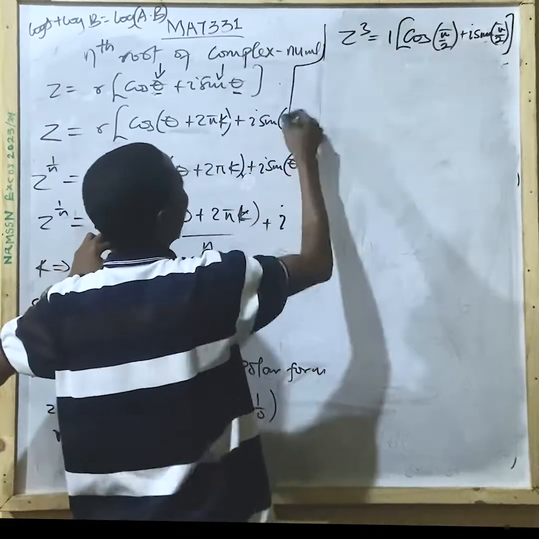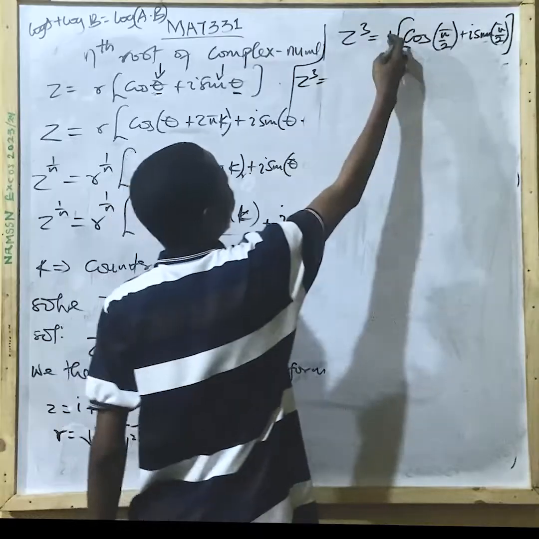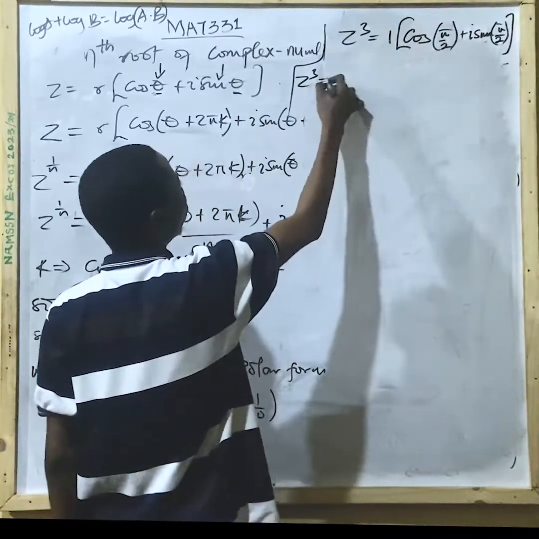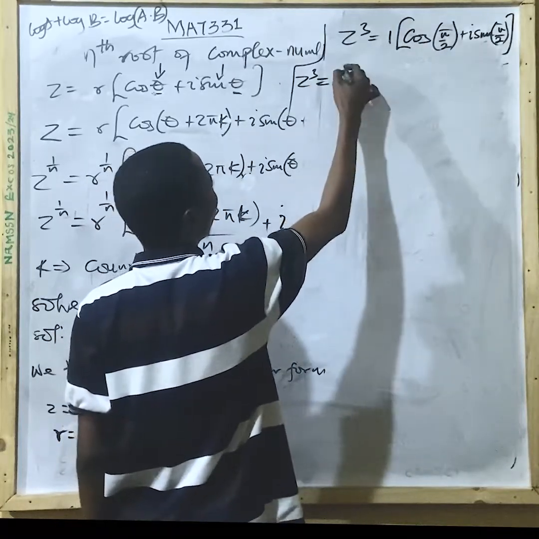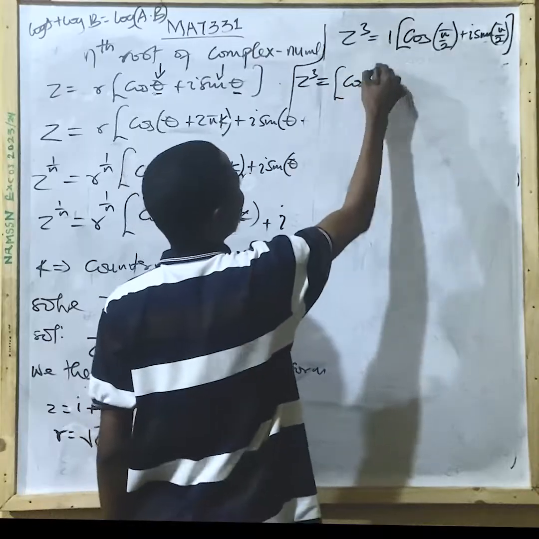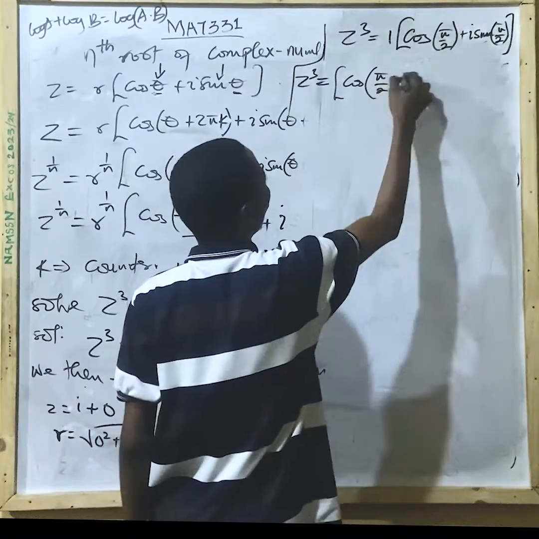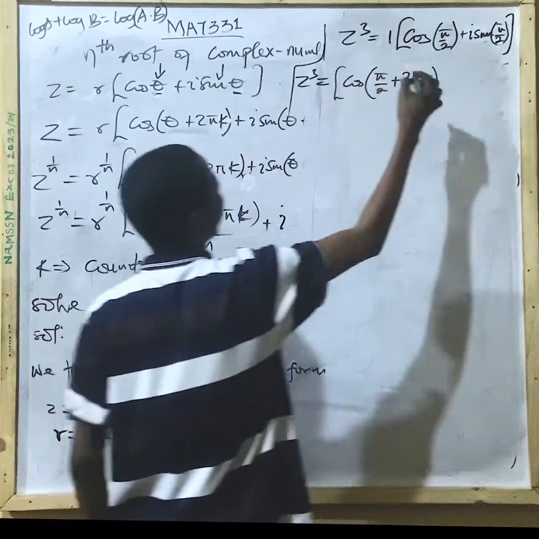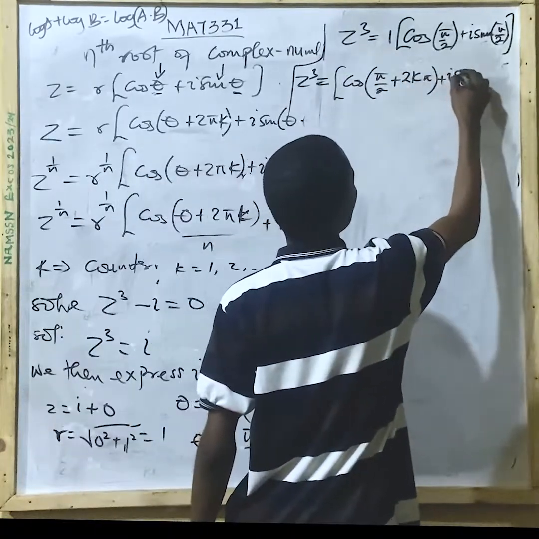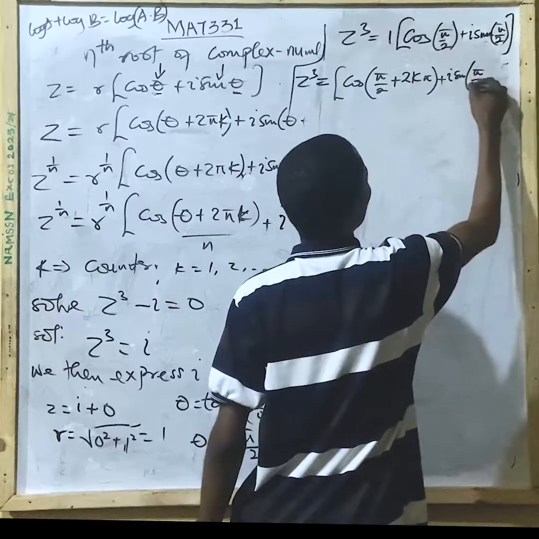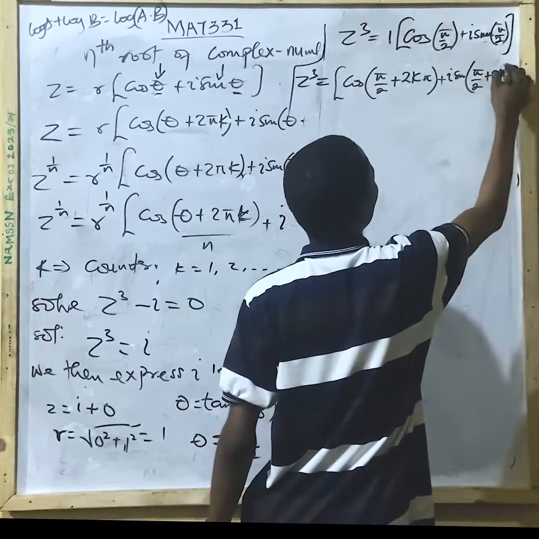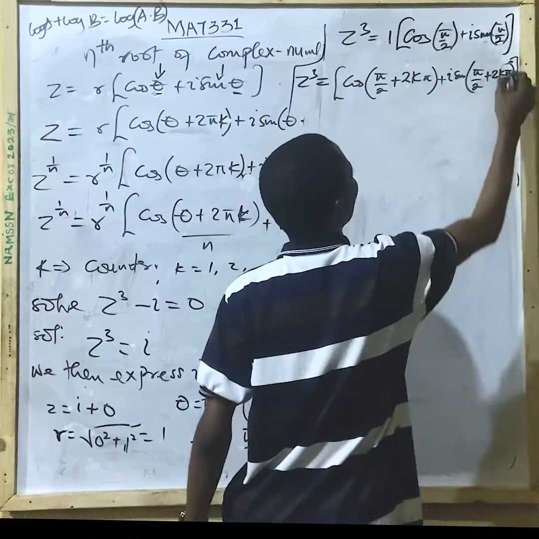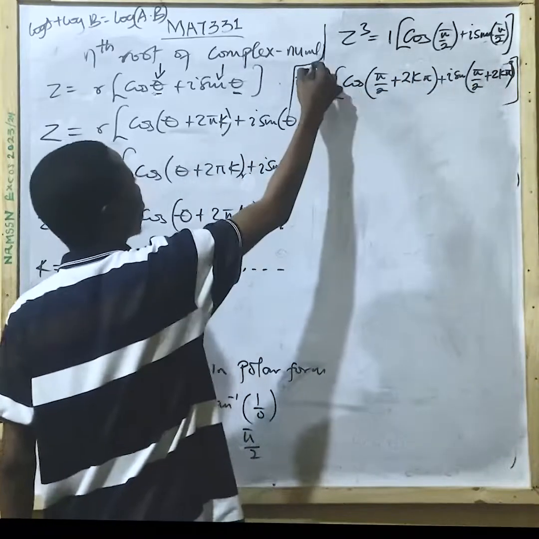So we are now going to have z raised to power 3. Since 1 is the coefficient, it won't really matter, so let me ignore that one. We have cos of pi over 2 plus 2k pi, so 2k pi is the period, then plus i sin of pi over 2 plus 2k pi.